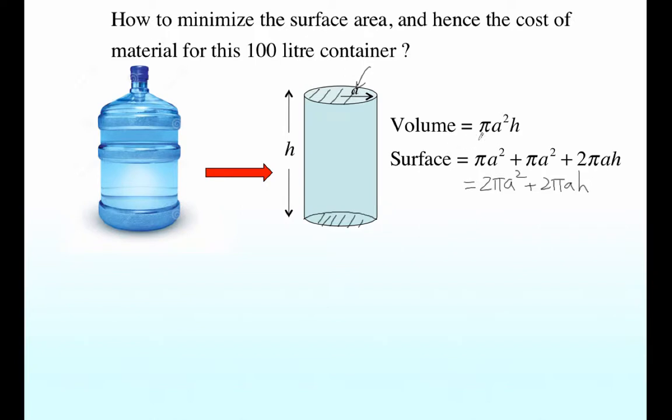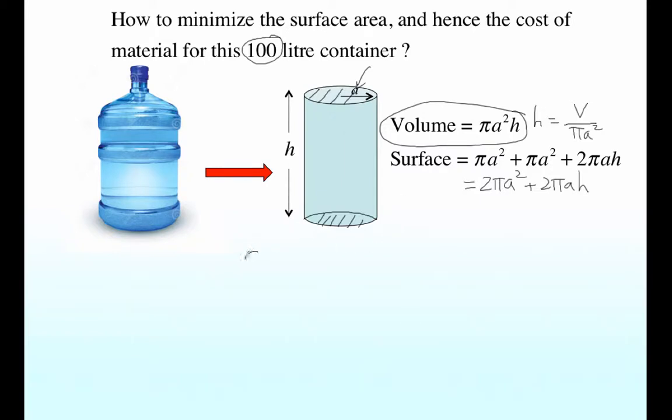Since the volume is fixed, from here we see that h will be the volume divided by pi a squared. In other words, you can take either h or a to be independent, but you can't take both of them because the volume is given to us as being 100 liters.